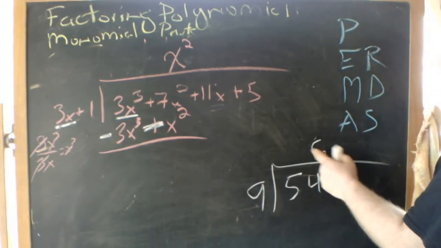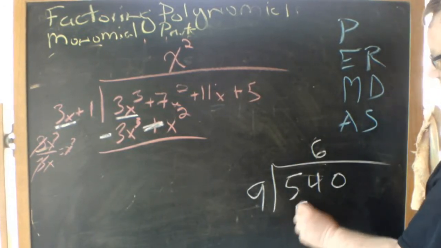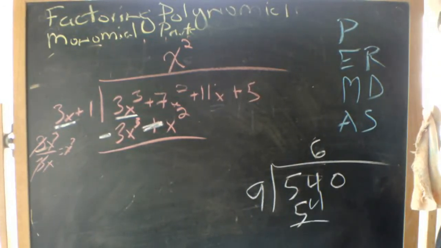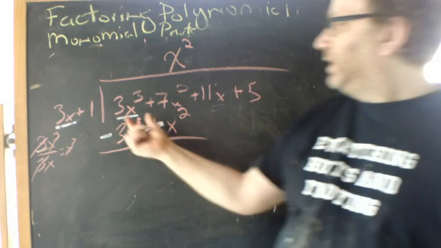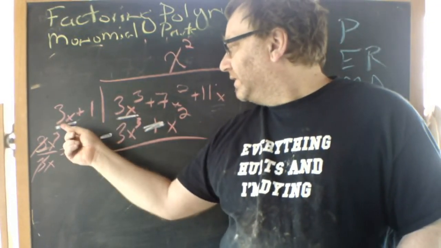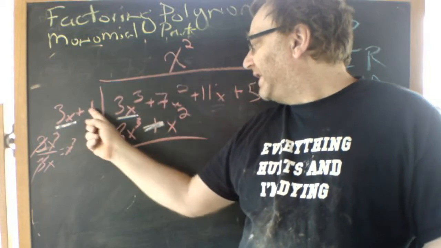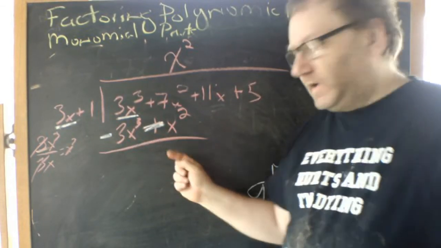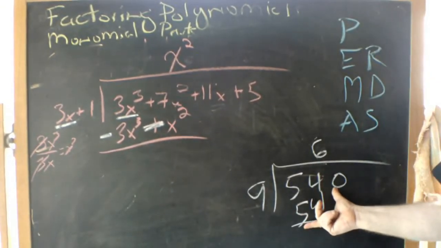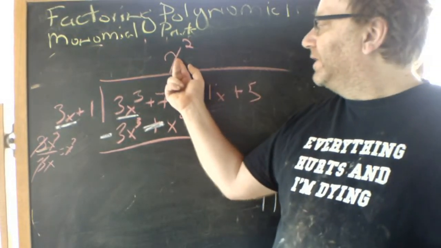I write the 6 up here, and I multiply it back through. Then I subtract. 3x goes into this x squared times. I multiply it back through. It's the same thing we do with numbers, but we're doing it with the variables.